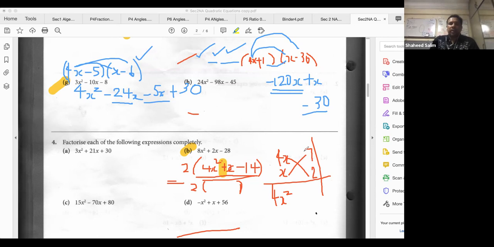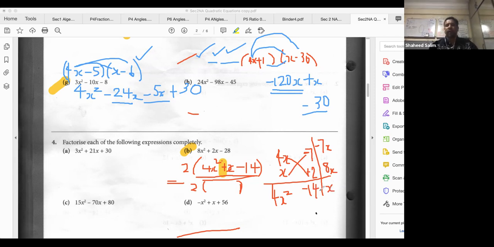So let's put negative over here, positive over here. 4 times 2 give you 8x. And then 7 times x, minus 7x. This one is minus 14. So can you see 8x minus 7x give you x positive.